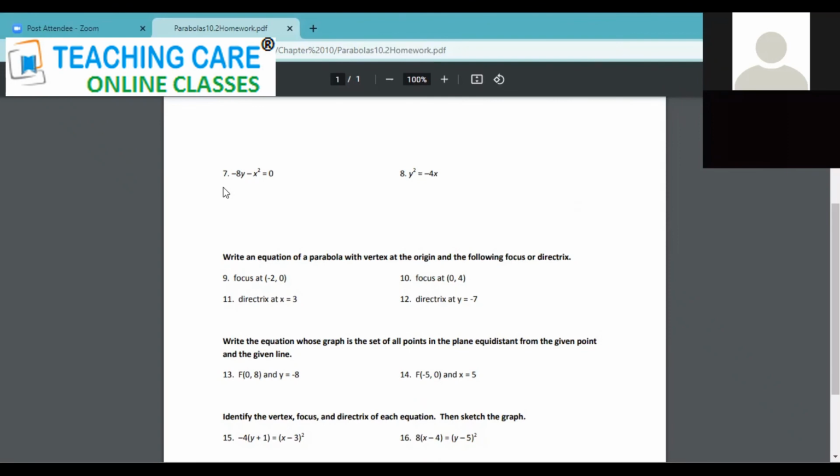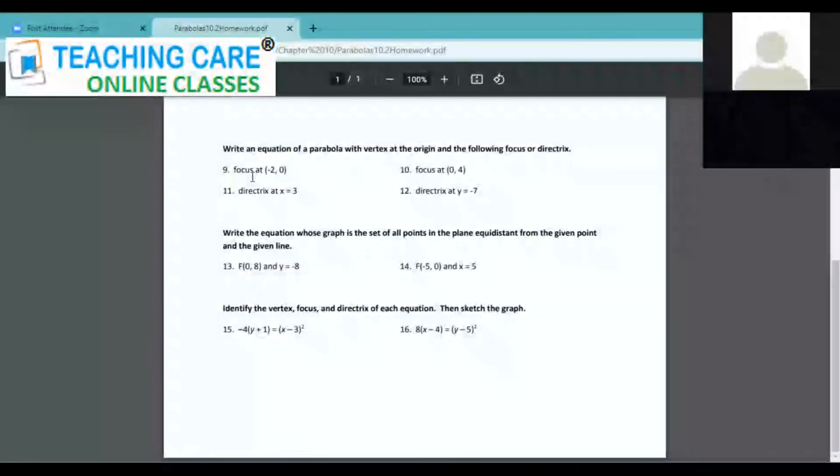Y equals 2 is the directrix, and the focus is (0, -2). Okay.